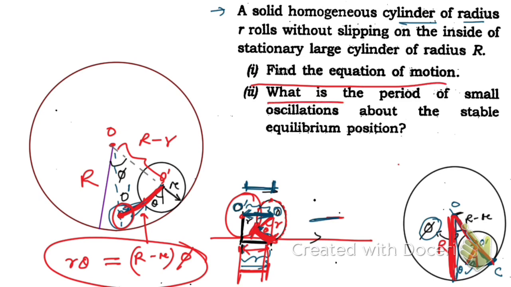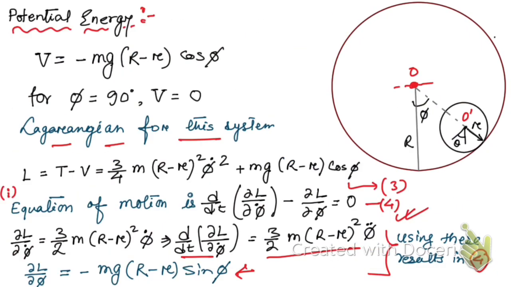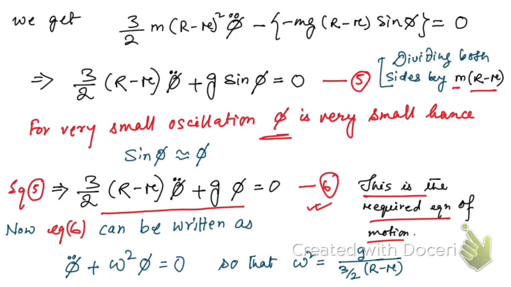Now, what is the period of small oscillations about the stable equilibrium position? Let me go back to the last slide that we have got. Here you see, we can write this equation number 6 in this form. That means we have divided each and every term by this quantity, 3/2 into capital R minus small r, and doing so we have got this equation where ω² must be equal to this part.